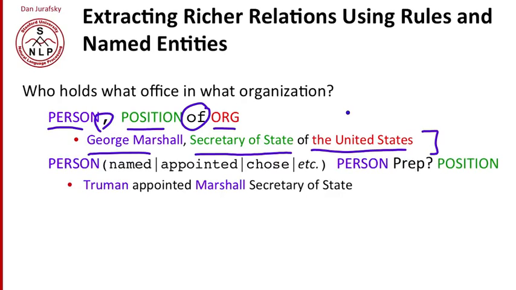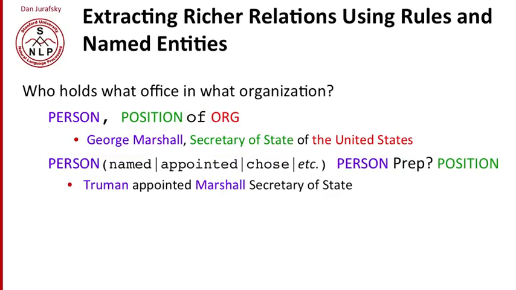And we might need to have another pattern for sentences of a different form. So here we have, Truman appointed Marshall Secretary of State. So we might have person, appointed, or some other word like named or chose and so on, person, position, and we might have an optional preposition in between. So Truman appointed Marshall as Secretary of State would be an option there, or just Truman appointed Marshall Secretary of State. So again, a combination of our patterns with maybe lists of possible words that we might get from a thesaurus, and the named entities of the entities.